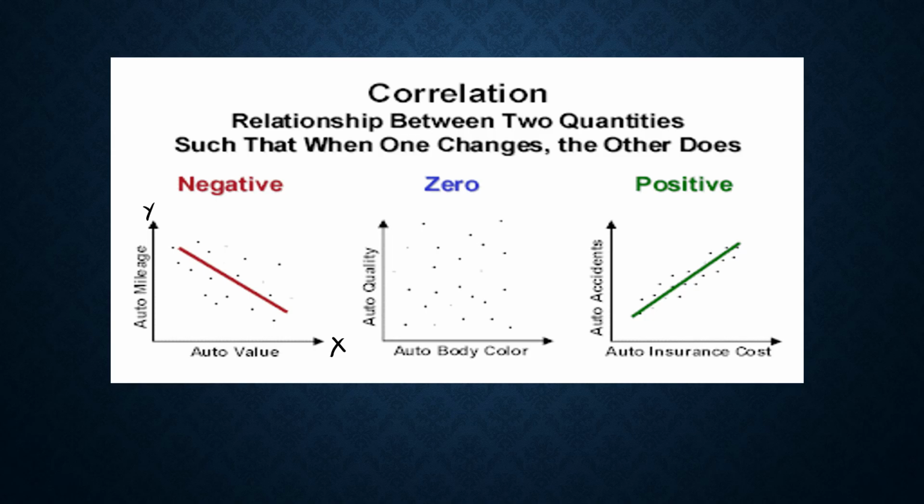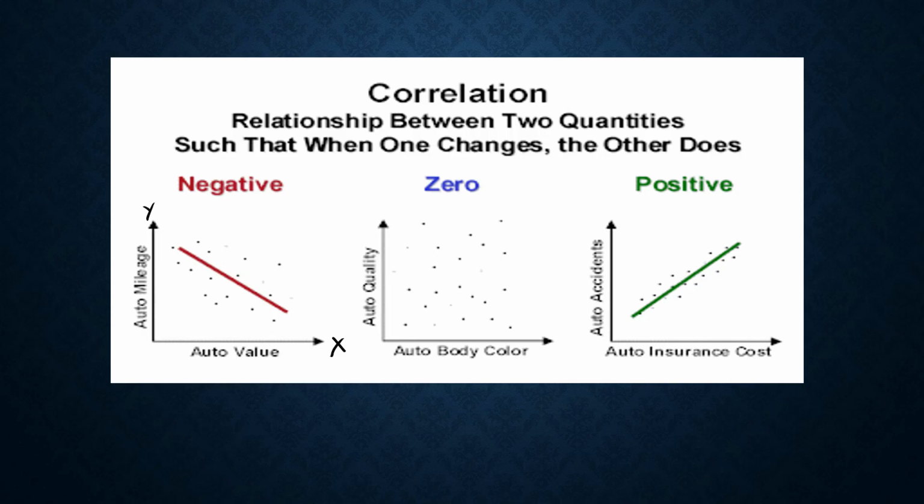If that happens, it implies that you have a negative correlation between two variables. For instance, the auto value and auto mileage: if the auto value increases, the auto mileage decreases.